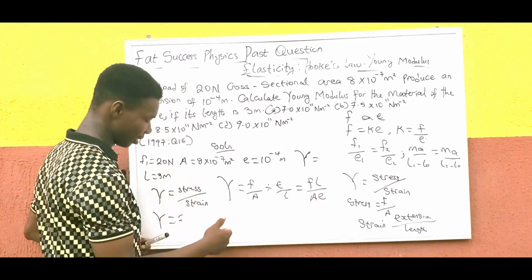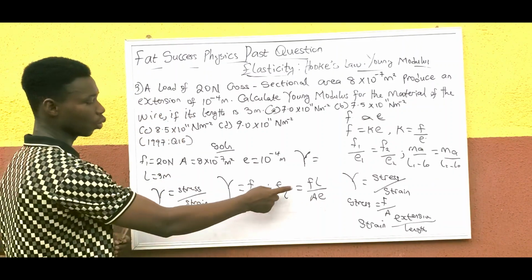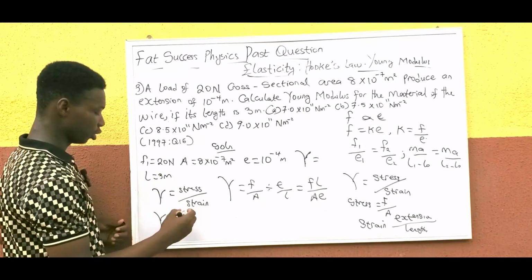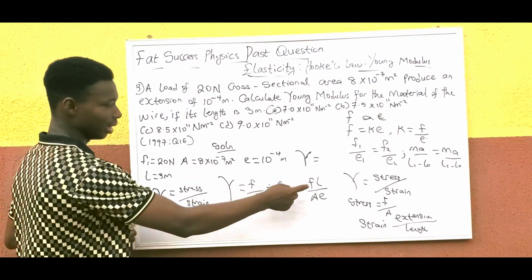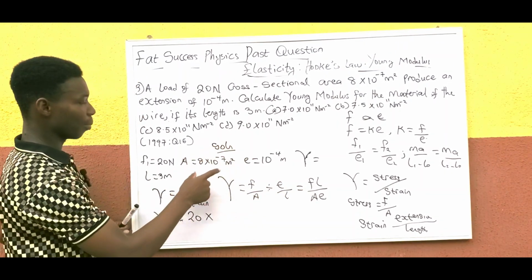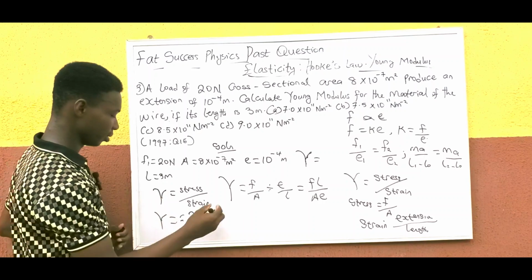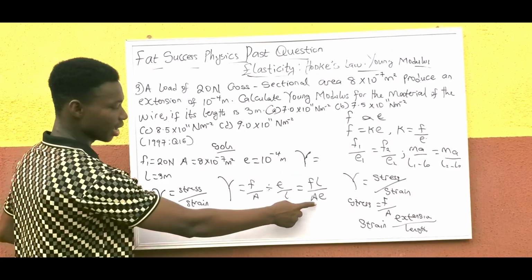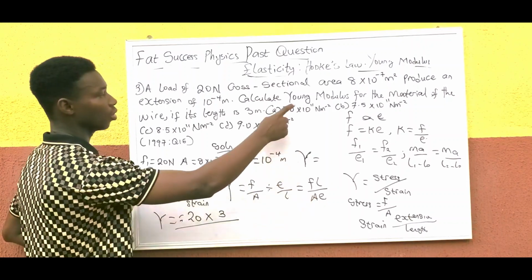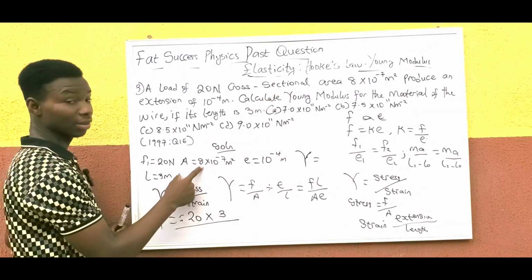So we have Young modulus equals force, which is 20, times length, which from our parameters is 3, all over area. Cross-sectional area from the parameter is given as this.